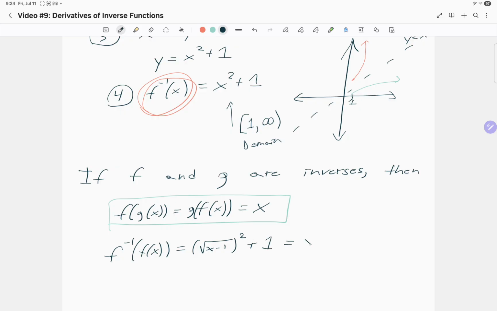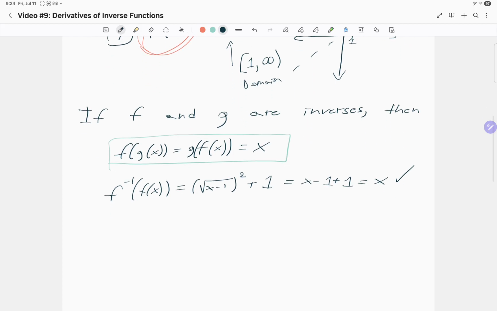So this is going to yield x minus 1 plus 1 equals x. So we can check that off, and that passes the test, so we indeed have two inverse functions here. The functions are inverses, I meant to say.